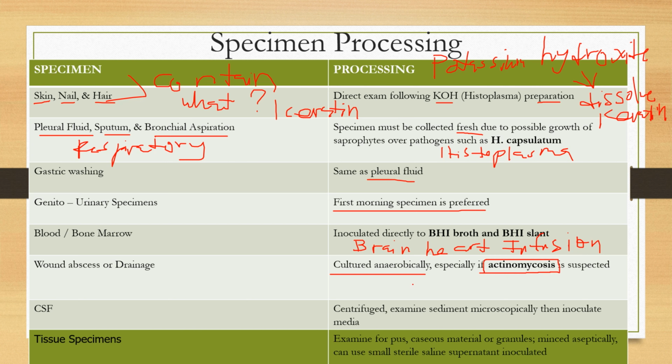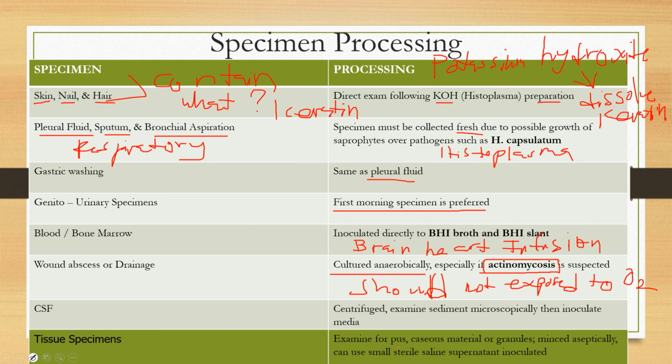Diba ang mga actinomycetes nyo, class, are anaerobic. So they should not be exposed to oxygen. For CSF, you need to centrifuge and then examine the sediment microscopically, then inoculate on media.